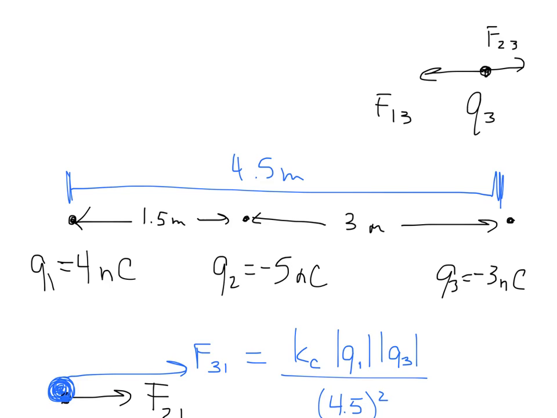So we've got the force from particle 2 on particle 3, and that's repulsive, so particle 3 moves to the right. The force from particle 1 on particle 3: since this is positive and this is negative, it is going to be drawn toward it. So when you're isolating one of the particles, think about the way that particle individually would move. You're always going to have a balance of arrows.